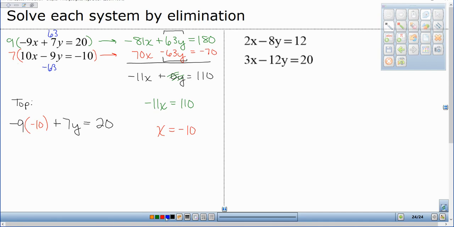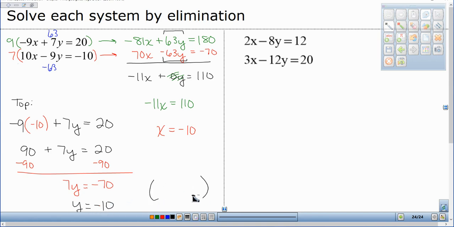And I will solve this. You'll get 90 plus 7y equals 20. Subtract the 90. You will get 7y equals negative 70. Divide, and you will get y equals negative 10.